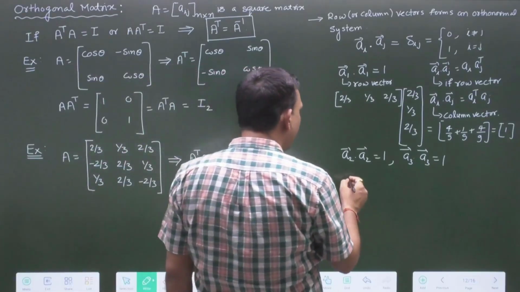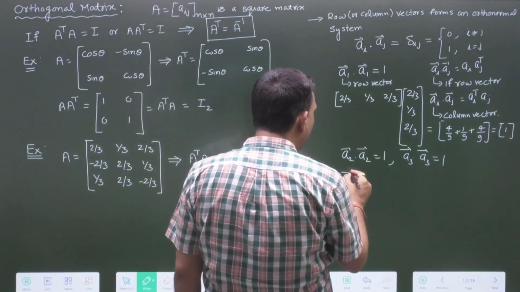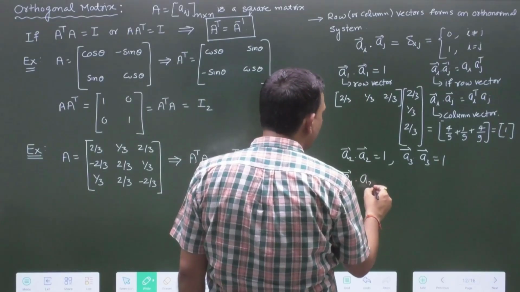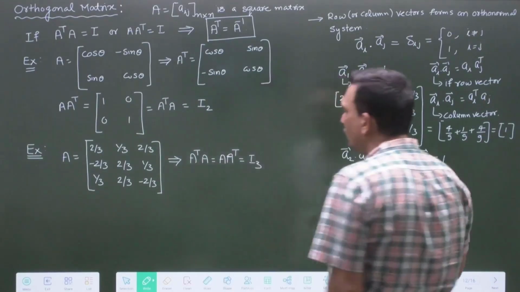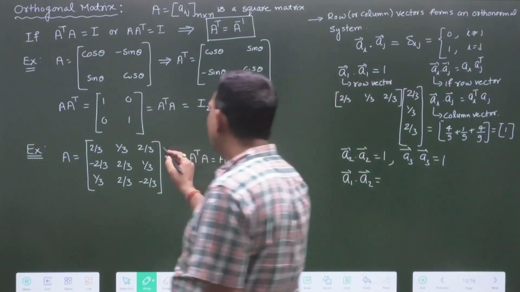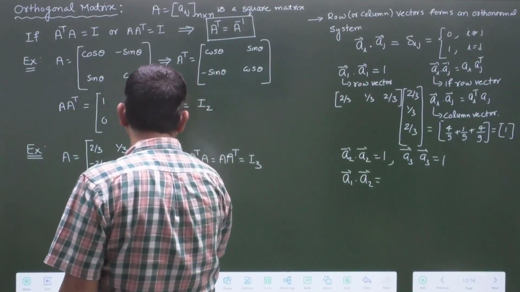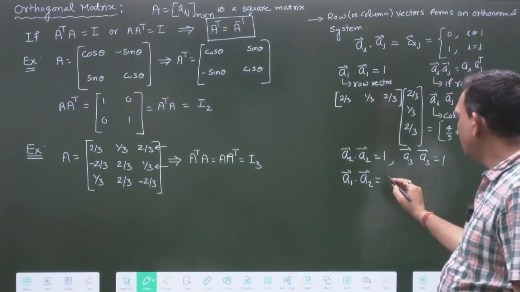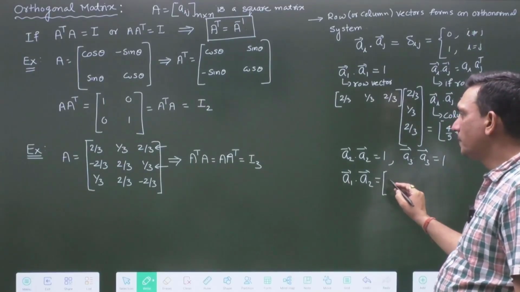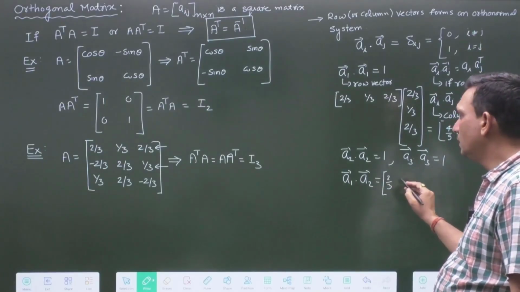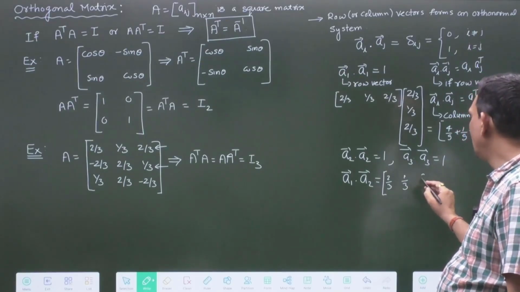And you can also check what A1 dot A2 will be. A1 dot A2 must be 0. So let's say this is A1 and this is A2. A1 is a row vector, that is 2 by 3, 1 by 3, 2 by 3.